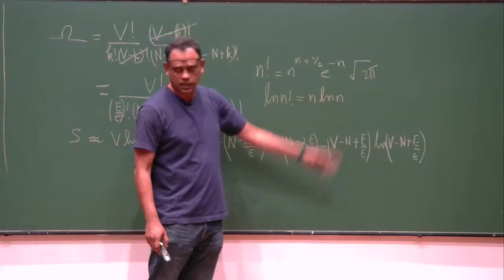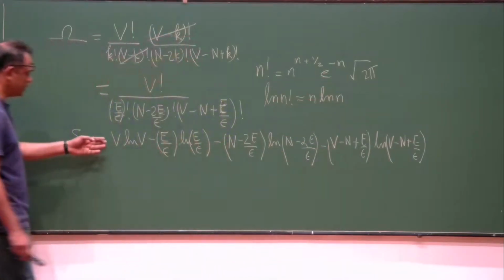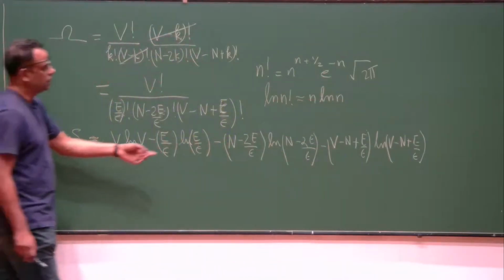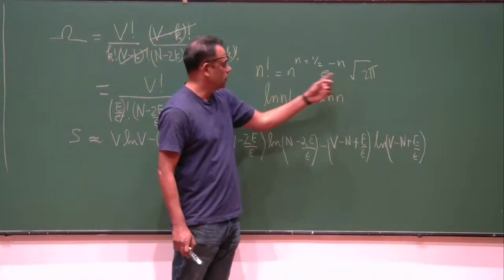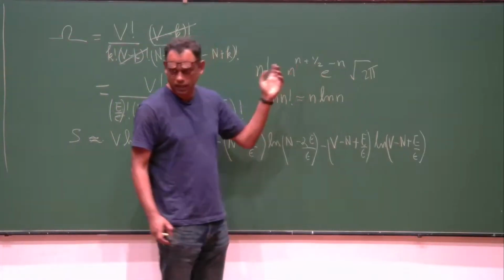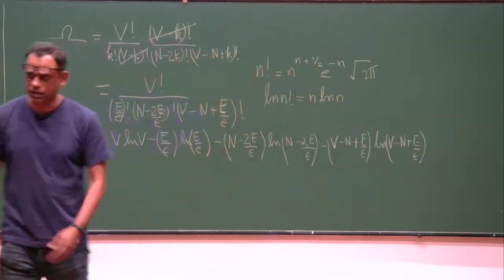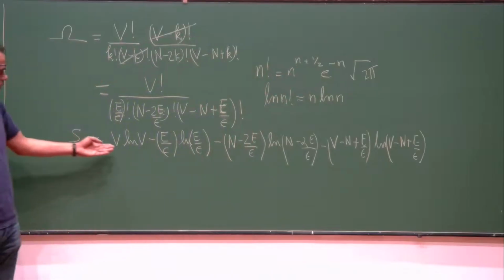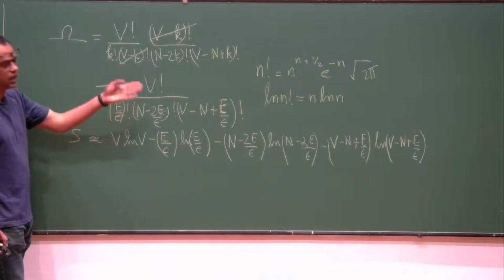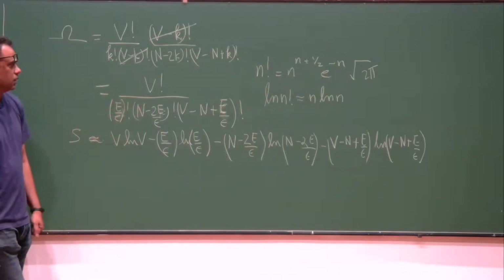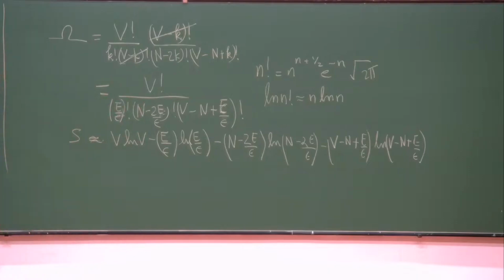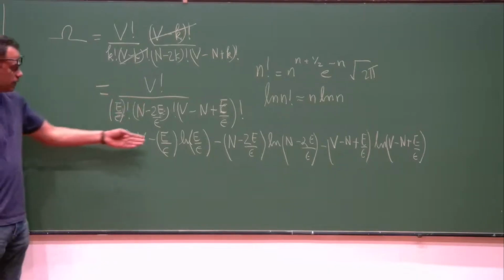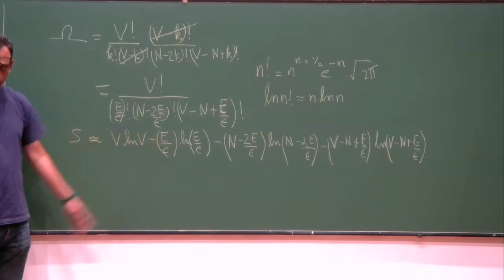Root of 2 pi is just a number. While we are dealing with very large numbers, the root of 2 pi doesn't matter, and half is small compared to N. So that is the point. When you take logarithm and you divide by N in the end, that half doesn't matter. So that is okay. So now, unlike before, we have energy also coming into play here.